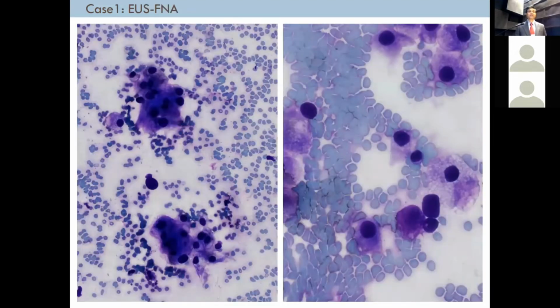On high power, they actually exhibited very characteristic cytomorphology. As you can see, they have abundant cytoplasm that has a foamy or microvesicular look. The nuclei were mostly round with very minimal atypia.